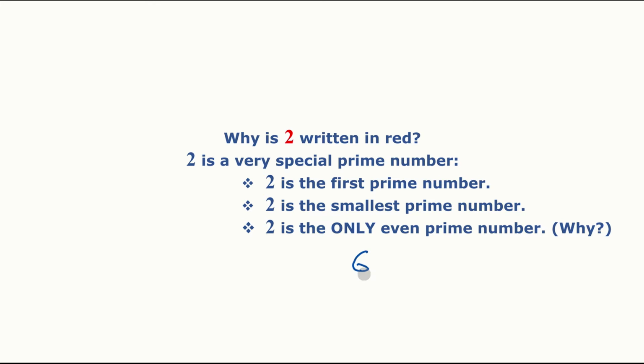That's an even number. Why can't that possibly be prime? Because remember, if it's an even number larger than 2, then it's going to be divisible by 2. So therefore it cannot be prime, and that's why 2 is the only even prime number.